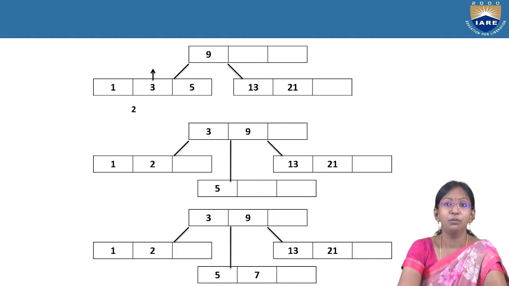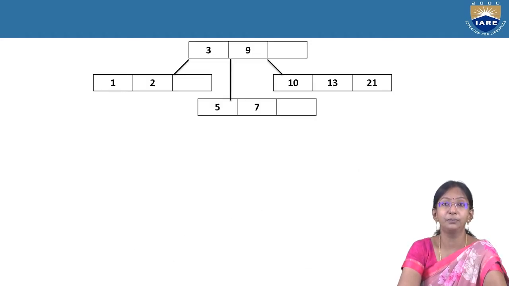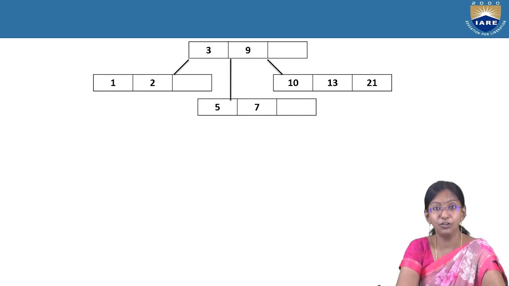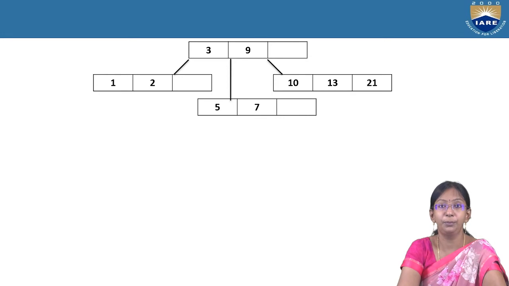Right. What is the next element to be inserted? 10, which is greater than 9. It is going to go to the right child of 9. In the right child of 9, 13 and 21 are already there. They are going to take a hop, and 10 will be getting the space.